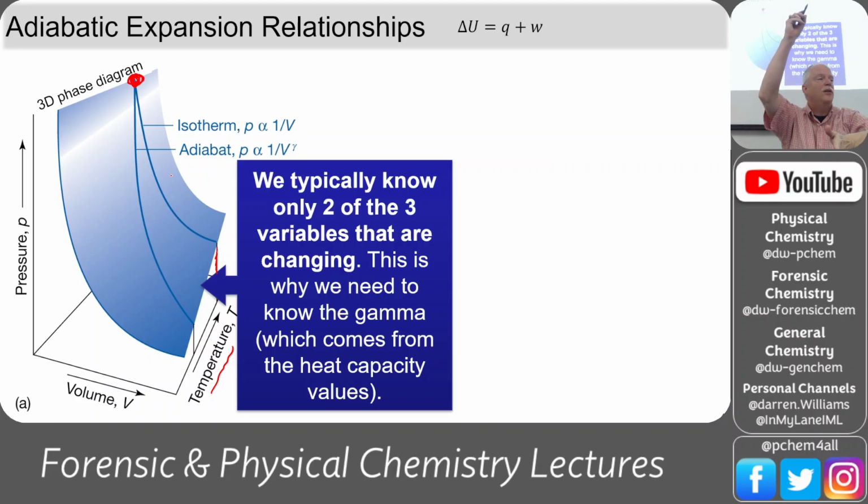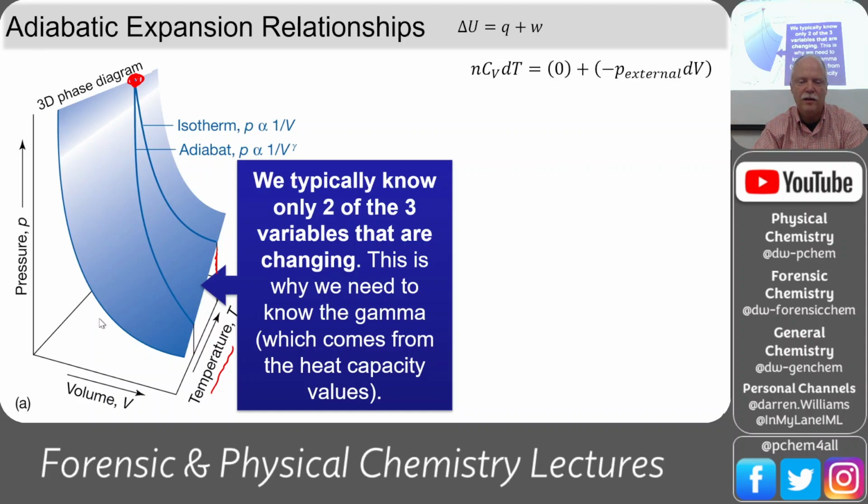The only reason you could follow the isotherm is if you're putting heat into the system. That makes the ball go down on the temperature axis while staying at the same value. The only way to do that is to have a force keeping it uphill a little bit. Well, that's heat flowing into the system. That makes it follow the isotherm. But if the heat stops, then it falls down the adiabat and it goes down that way.